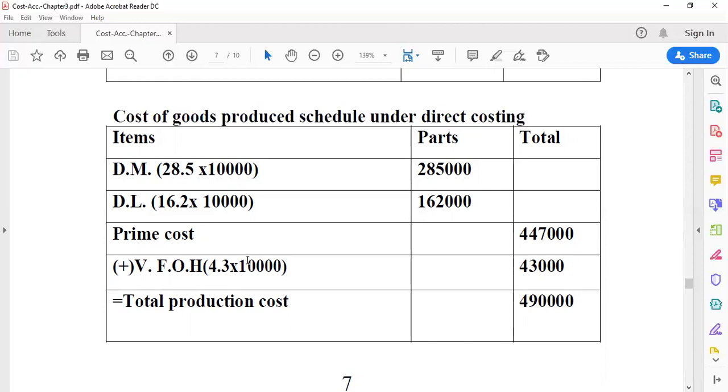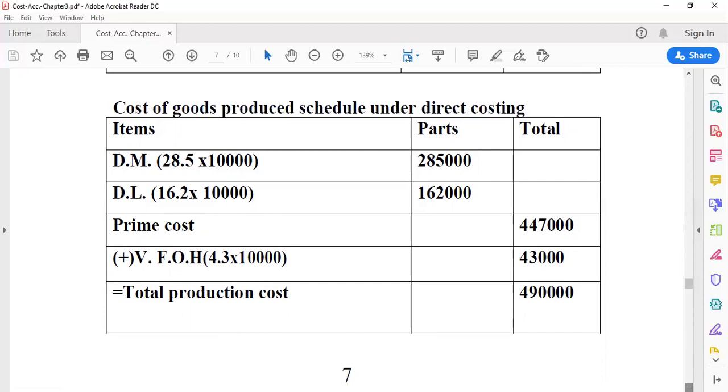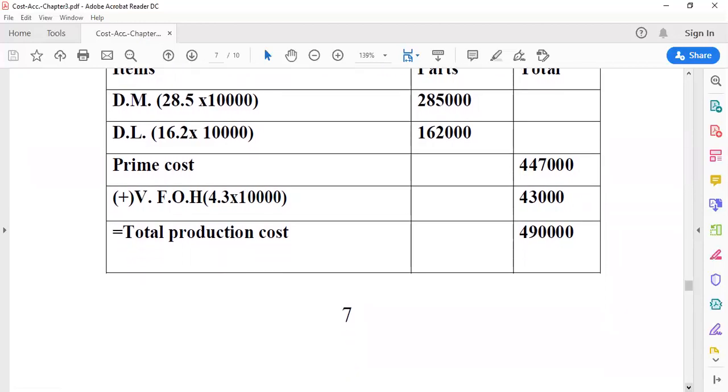Okay, then we need to add the factory overhead. Actually, we need to add the variable one here, because according to this theory we are going to separate the fixed costs from the variable ones, since there is a need to calculate the variable costs first. If you remember, the variable factory overhead was equal to 4.3. 4.3 times units produced also gives the variable factory overhead.